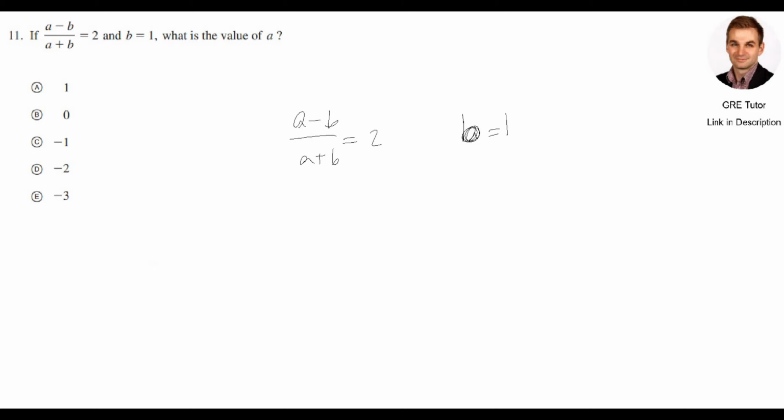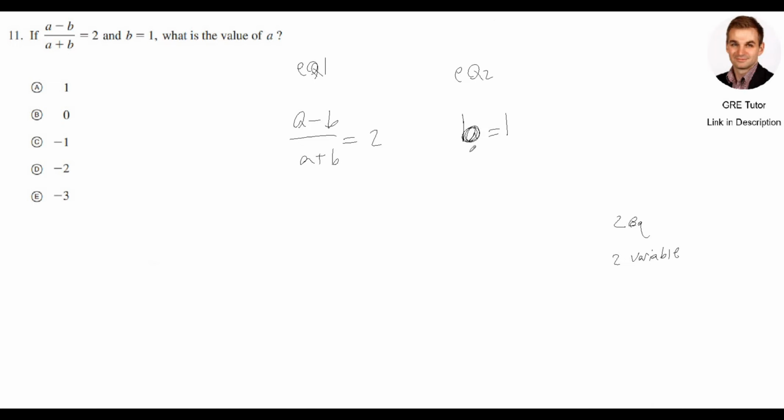Now, whenever you have two equations and you have two variables, you can usually solve for the variables. Most often that's the case, and that's what we have. We have equation 1 right here, and we have equation 2 right here.